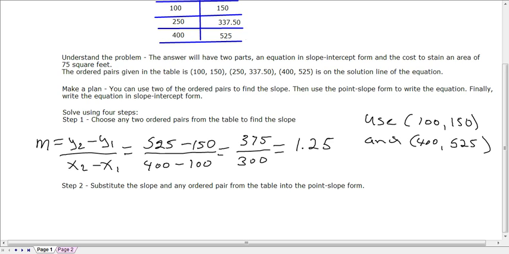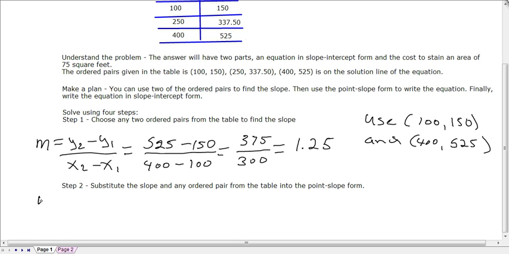And we did. We wind up with a slope of 1.25. So now we can go on to step 2, which is to substitute the slope and any ordered pair from the table into our point slope form. So let's dive into that.